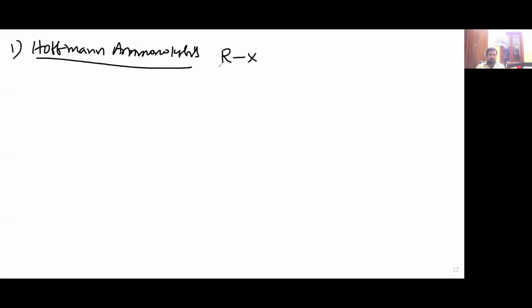RX, normal alkyl halide, you have to take it as excess. This is treated with ammonia, which is not a base here, it is a nucleophile. It has basic character, and it is also acting as a nucleophile. Then you are going to get quaternary ammonium halide.